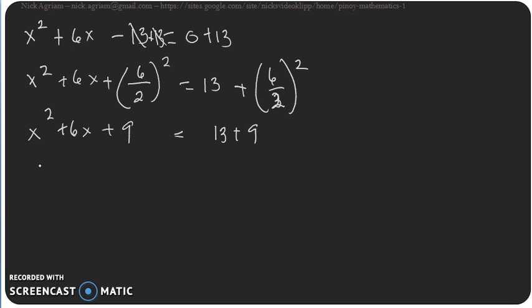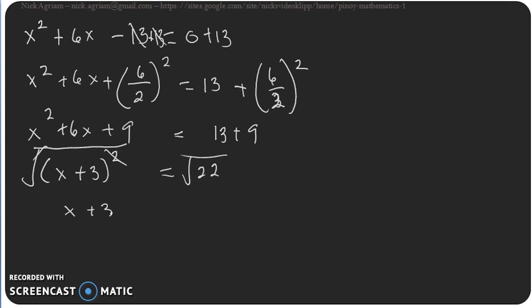If I did it right, then it is a perfect square already. Is equal to what will be 22. Extracting the square root of both sides of the equation, then I have x plus 3 is equal to plus minus square root of 22.